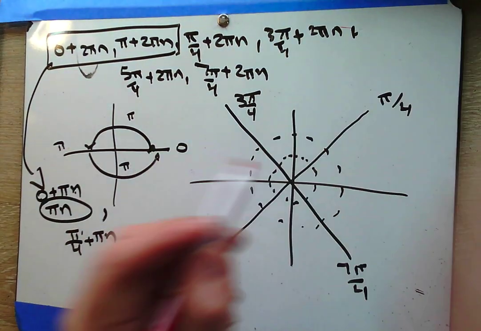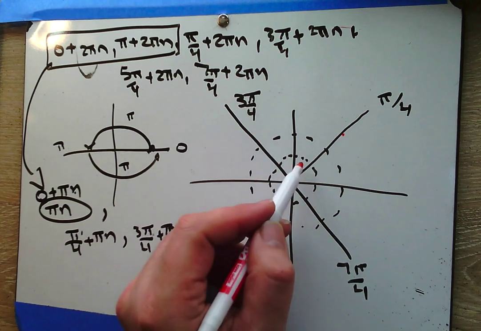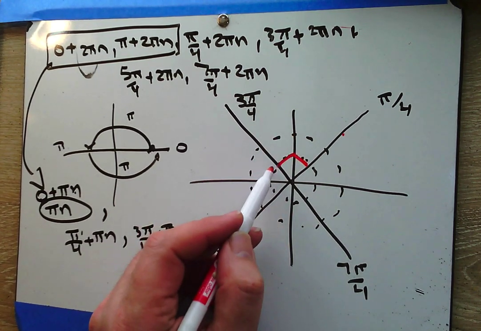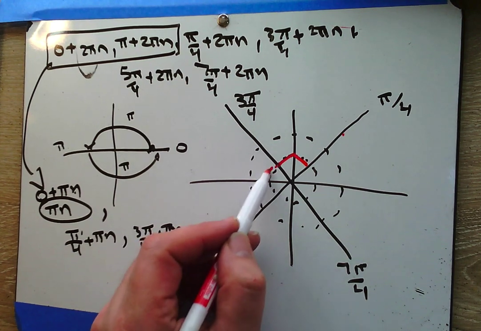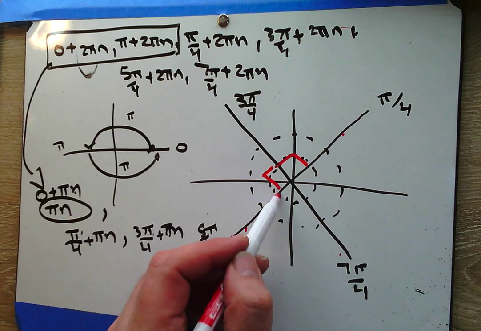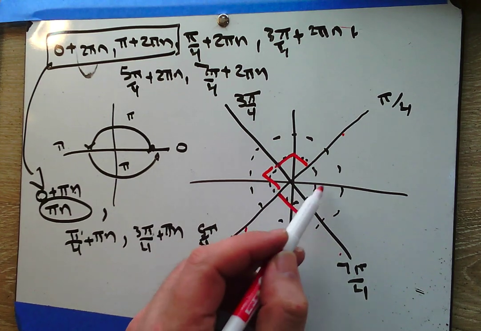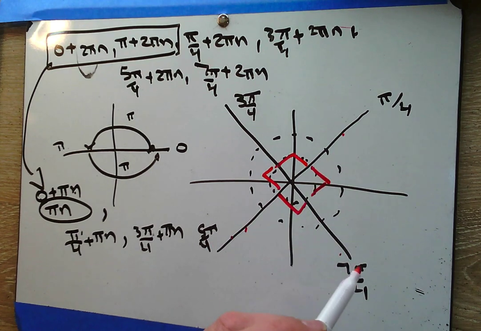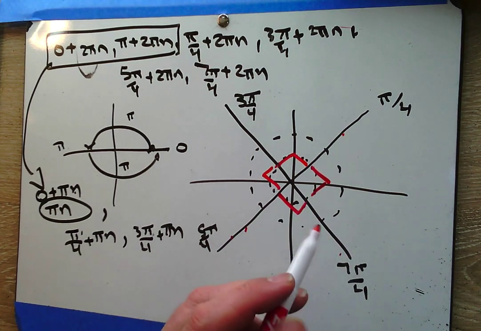No, really, look. How far is it from pi over 4 to 3 pi over 4? It's pi over 2. And how far is it from 3 pi over 4 to 5 pi over 4? Another pi over 2. And from 5 pi over 4 to 7 pi over 4, another pi over 2. And then from 7 pi over 4 back to one that looks like pi over 4 would be another pi over 2.